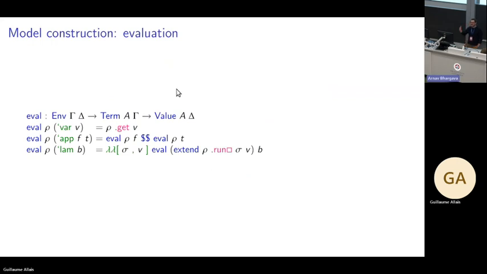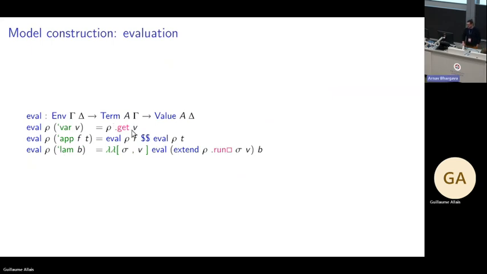And finally, we get to build our evaluation function. So the environment is from gamma to delta. Then we have a term from gamma, and we get a value in delta. And we do this by, of course, inspecting the term that we want to evaluate.